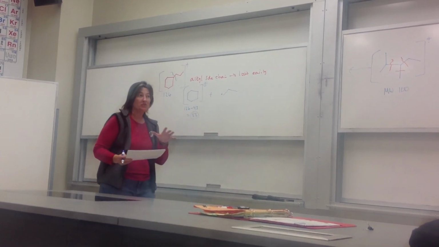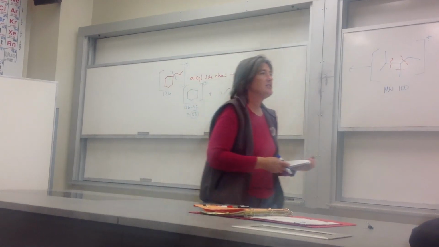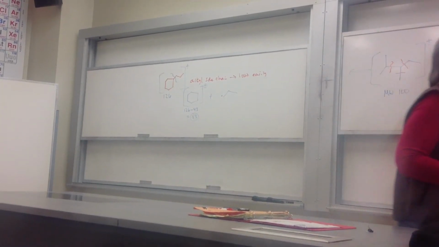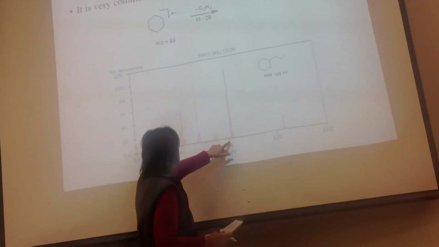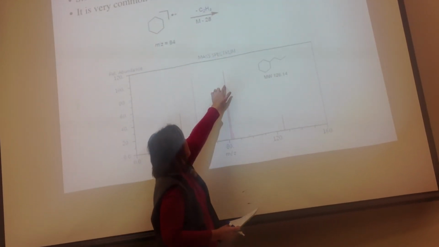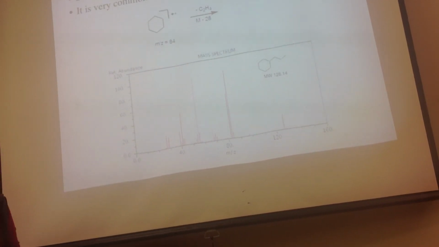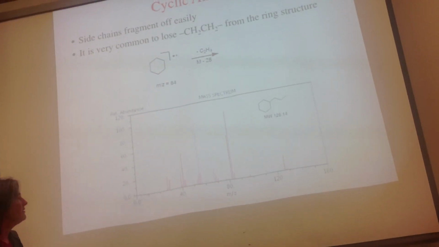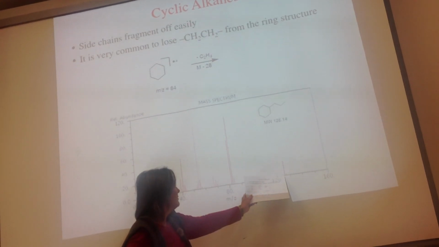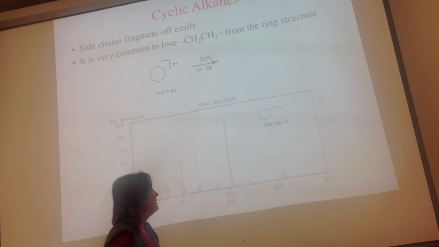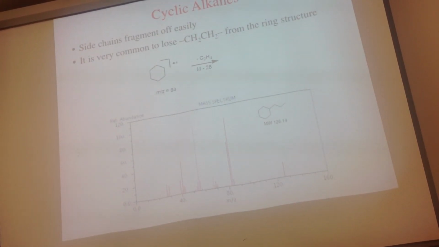So looking at our spectrum down below, you see something at 83? Yeah, it's pretty large. It's this big one right there. What's this right here? Parent. That's the parent, yeah.